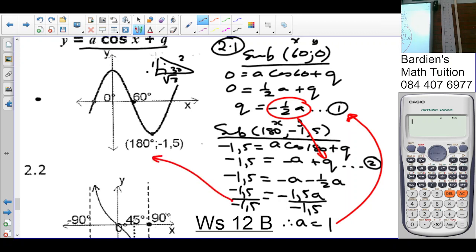So equation 1 now, q is equal to negative a half times 1, which is negative a half. So what's the equation? Therefore y is equal to 1 cos x minus a half. Okay?